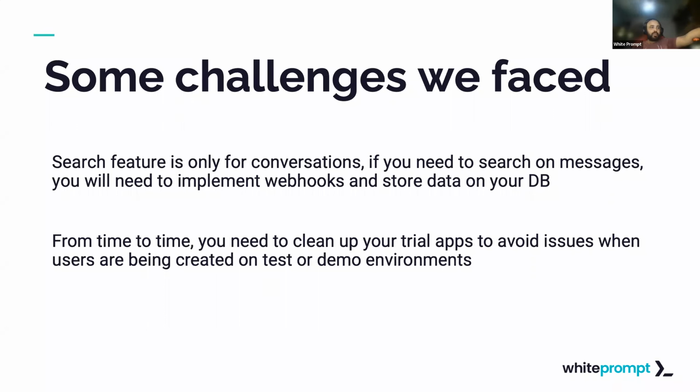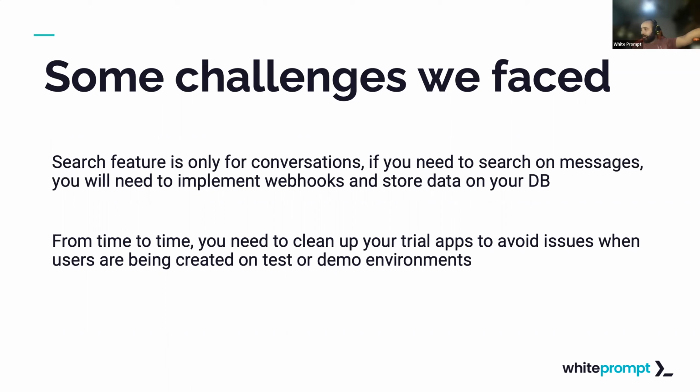So after doing the implementation, we have faced some challenges. The first one was that we needed to search for messages and not for conversations. And currently, the Cometchat API lets you search between the conversations you have. So you can search for a username, but you are not able to search for a message that is inside a conversation.